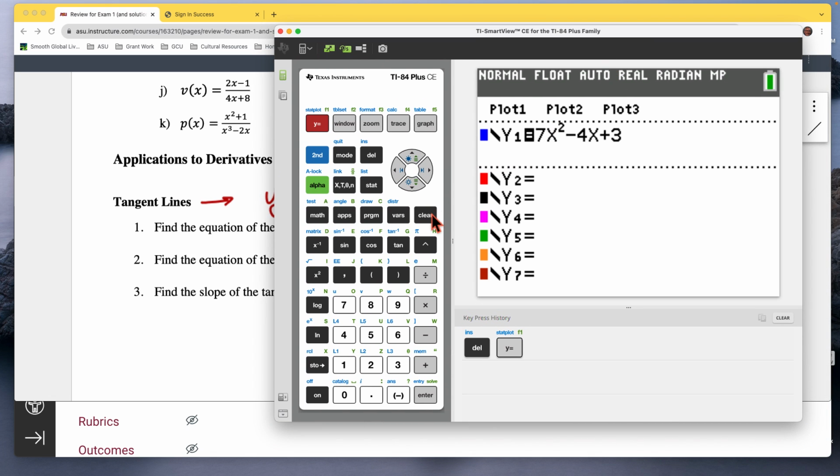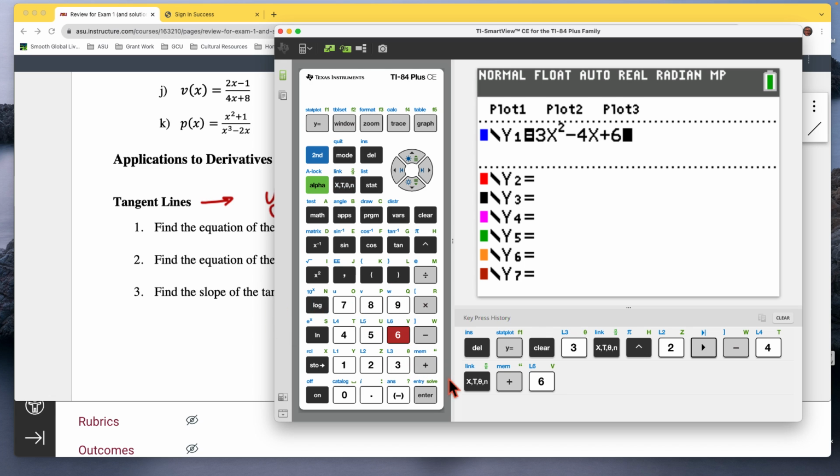Clear. What was it? 3x squared, arrow over, was it minus 4x? And then it was plus 6. Okay, so whatever you're doing, down here there's a key press history, so you can see all the keys I've hit.